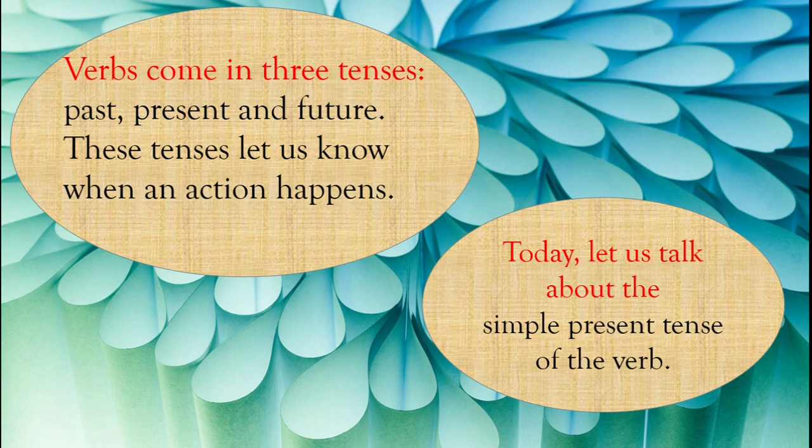Verbs come in three tenses: past, present, and future. These tenses let us know when an action happens. Today, let us talk about the simple present tense of the verb.